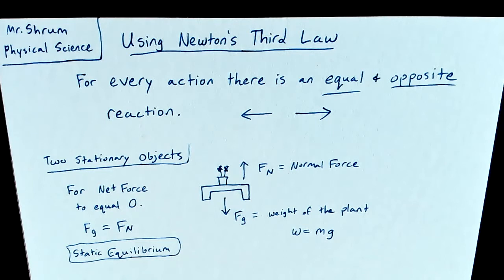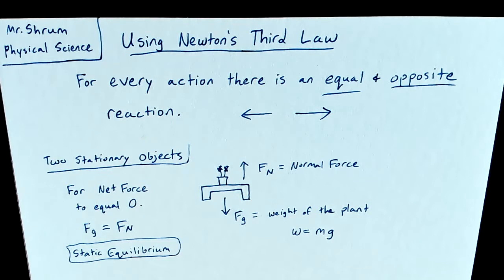I hope you are ready to get back into physical science. So, if you remember before break, we talked about Newton's three laws of motion. We talked about the first one, the law of inertia. That law dealt with objects and how they wanted to continue doing what they were originally doing.